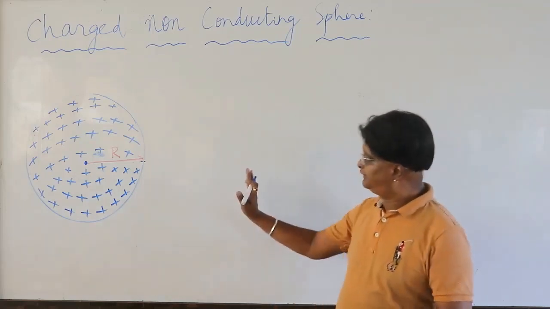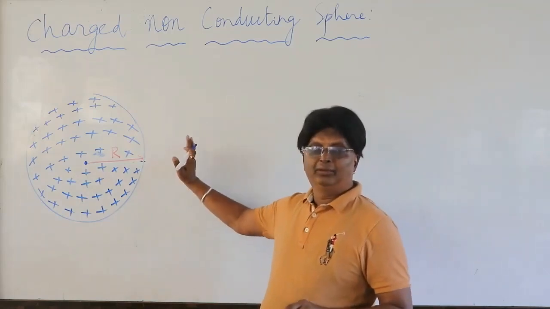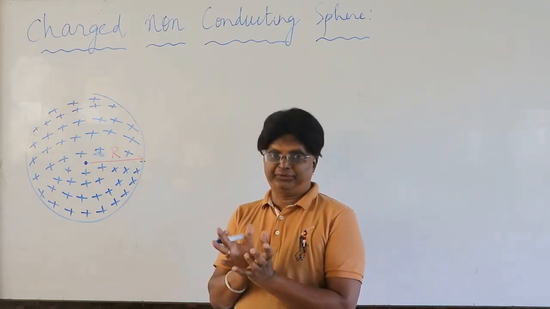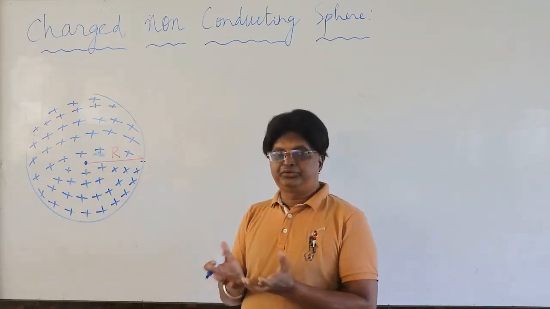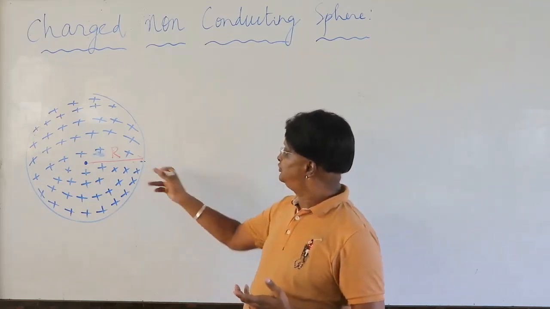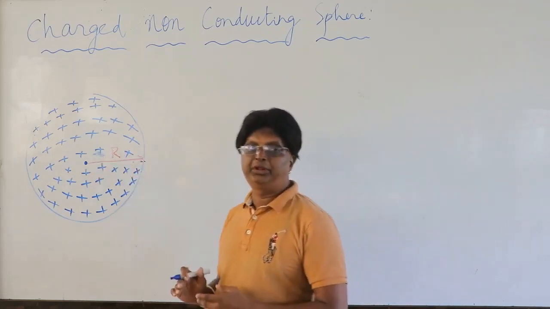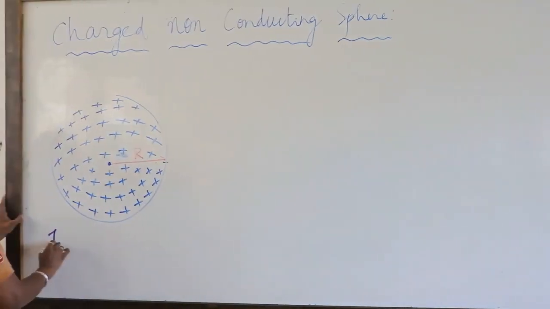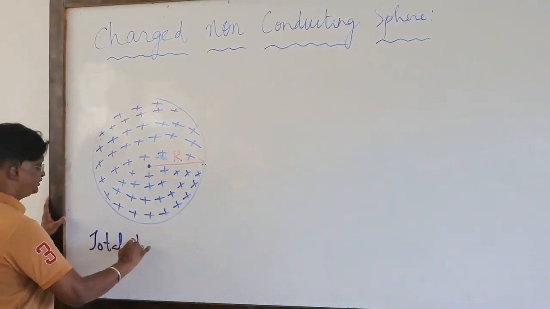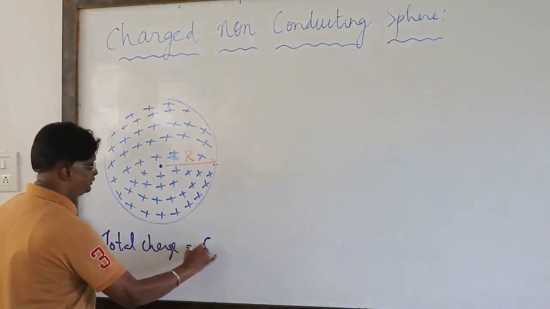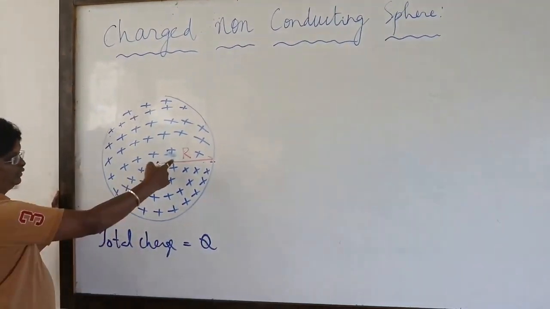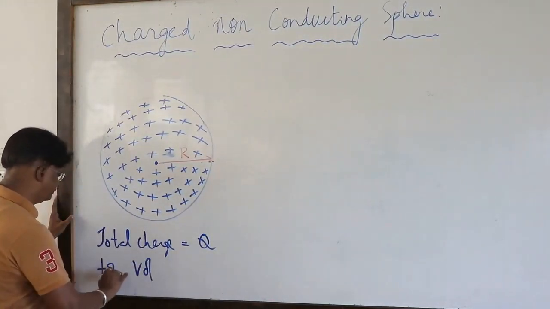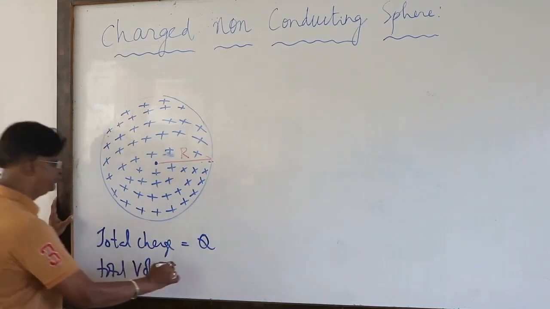Now here, this is again a volume distribution of charge. That is, a charge of capital Q is distributed in a volume with a radius capital R. Therefore, the terminology here refers to the total charge, which I am taking as capital Q. And what is the total volume of distribution?